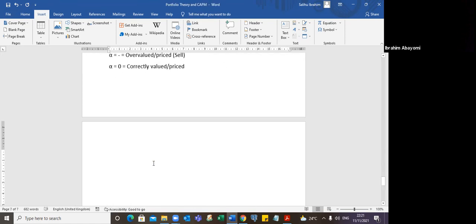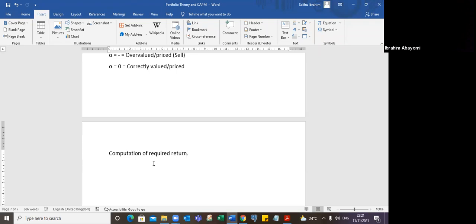But required return, how do I compute my required return? Computation of required return. Anyway, we have also done that, but until I write out the formula, you won't remember that we have done it.